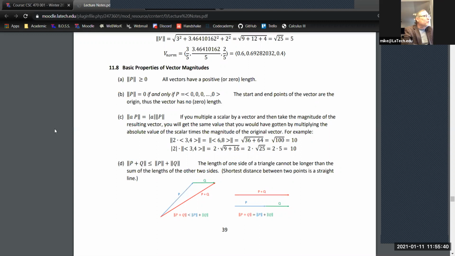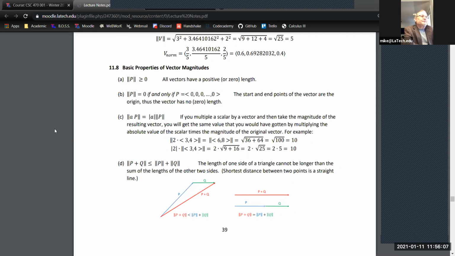If I'm at home right now, I drove 0 miles to work, but I can't drive minus 5 miles to work. So for vectors, the magnitude is greater than or equal to 0. The only time the magnitude of a vector, that's what B is saying here, the vector P, its magnitude is equal to 0 if and only if P is the origin, right?